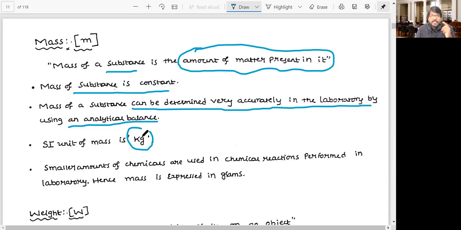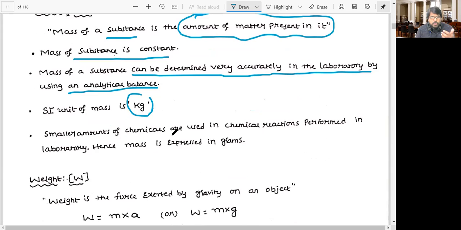We do use them in industries, but in the laboratory, the experiments are performed with small amounts. So smaller amounts of chemicals are usually used. Hence, we express the mass of the substance in grams.